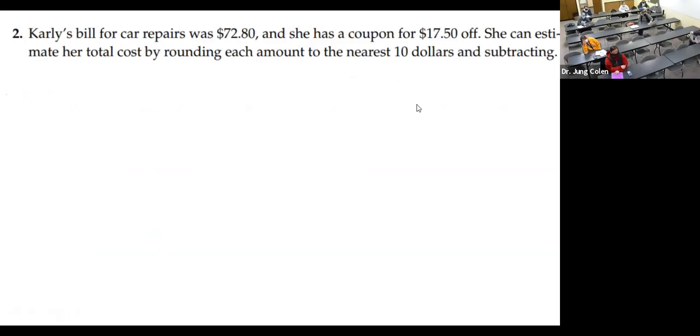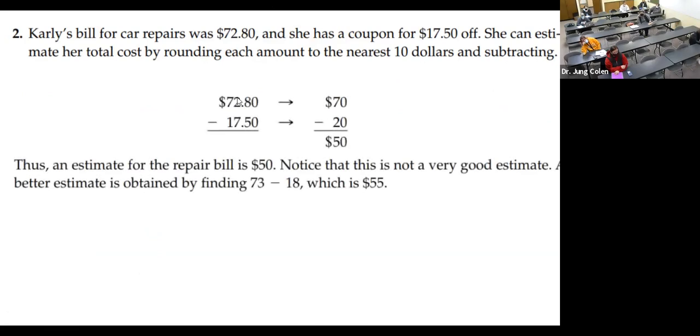Holly's bill for car repairs was $72.80, and she has a coupon for $17.58 off. She can estimate her total cost by rounding each number. So when you're rounding that, it will be 70 and that will be 20. But take a look at this. You rounded this down and you rounded this up.